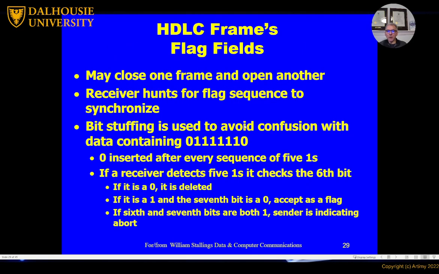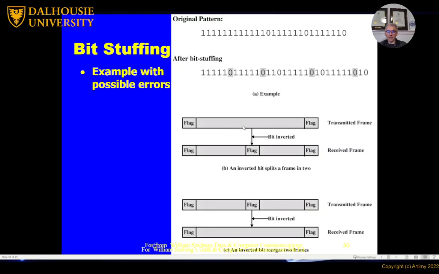To do that, we have to rely on something called bit stuffing. Bit stuffing looks at the original pattern, like the one at the top here: ones, ones, ones, that's all fine. But here we have 0610. That's a problem, because if the receiver sees this, it will think it is the end of the frame and stop receiving. So the rule of bit stuffing is we have to make sure that we don't have more than 5 consecutive ones.